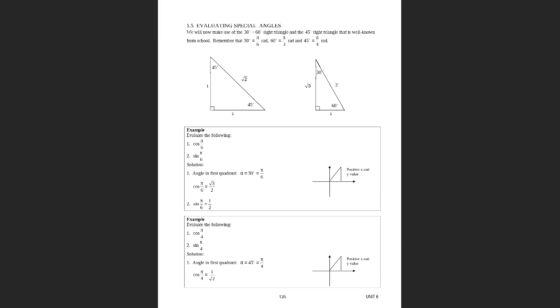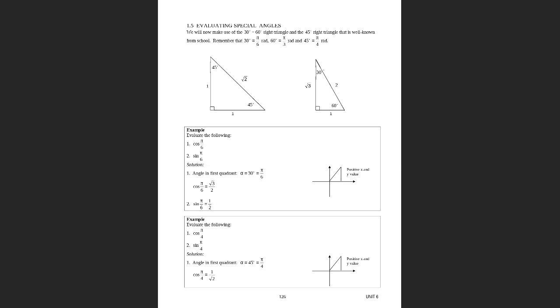When you come here, sine 30 will be 1 over 2, cos 30 will be root 3 over 2, and tan 30 will be 1 over root 3 or root 3 over 3.